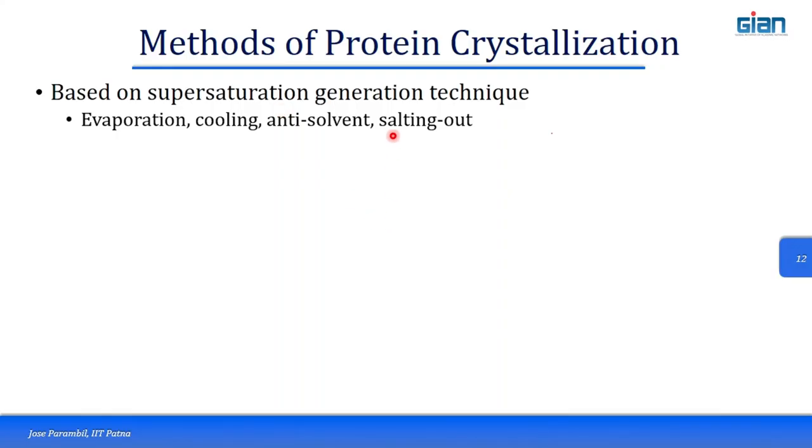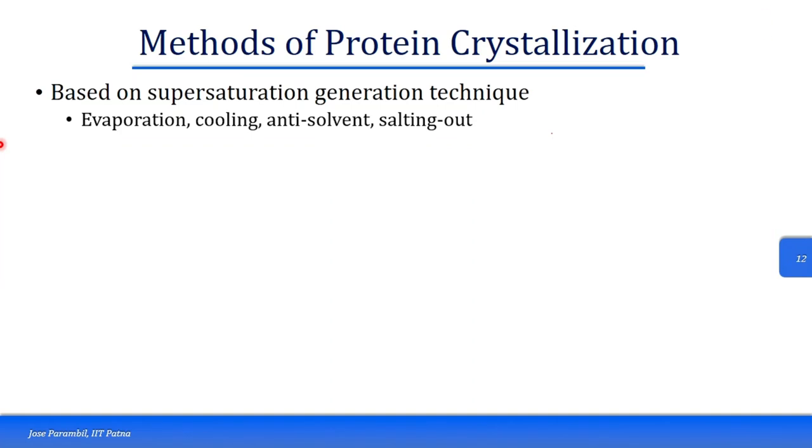The next one, which is very common, is the salting out approach, in which you add salts to modify the solubility of the system in the solution, without changing the pH or other properties. It changes the activity of the solvent, maybe the water activity or the solution activity.